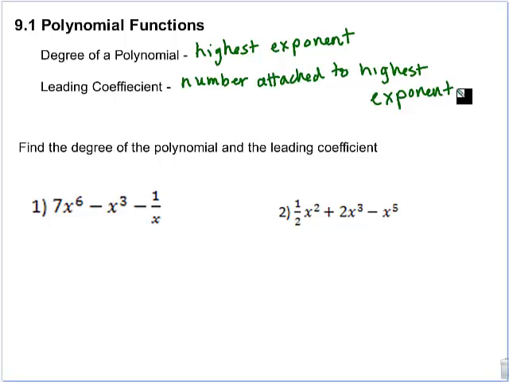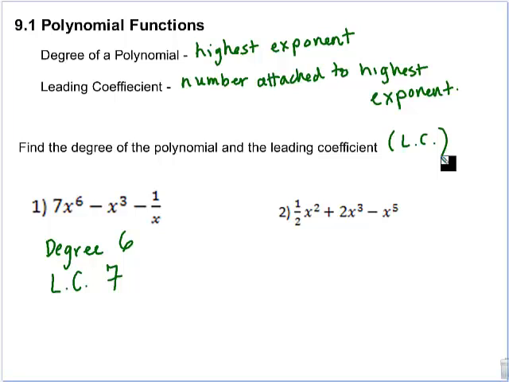So for this first problem, we have a degree of 6. And what's the leading coefficient then? 7. So the leading coefficient is 7. And leading coefficient, I usually just abbreviate as LC. Is that okay?